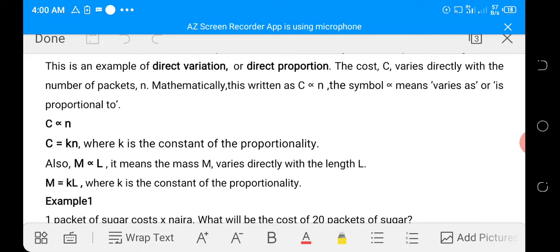Also, M varies as L means the mass M varies directly as the length L, and this will be transformed into M is equal to KL, where K is the constant of the proportionality. Now, let us look at examples on direct variation.